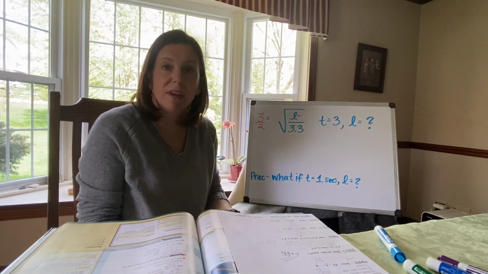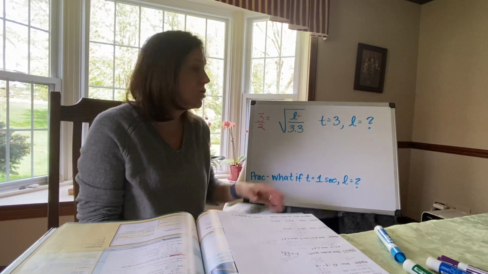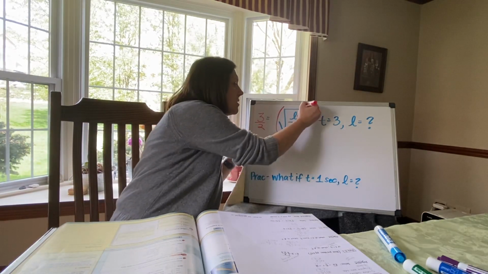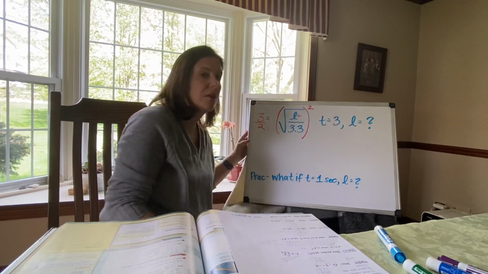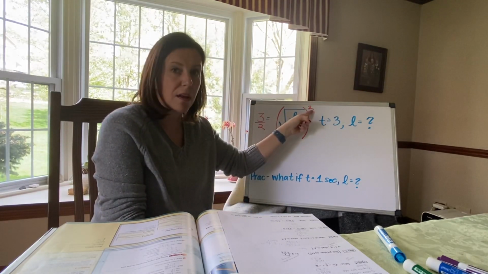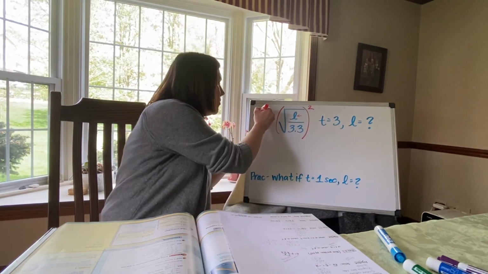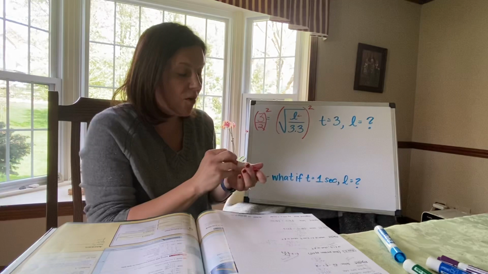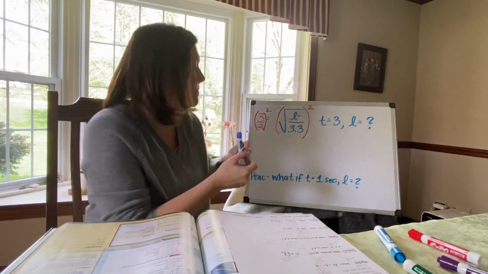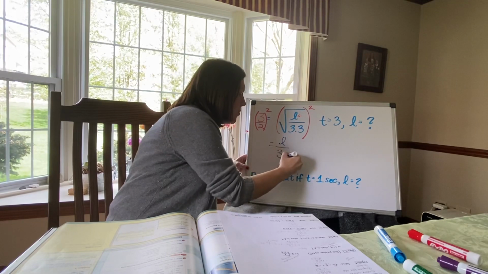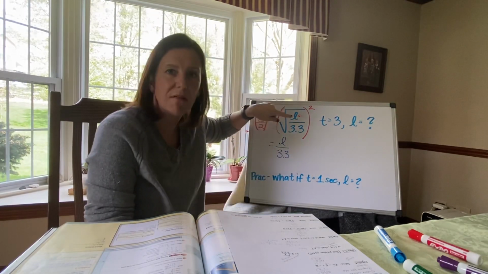Step 2 of solving a radical equation is to square both sides because I want to get rid of this radical. So the opposite operation for a square root is to square it. Now remember, I can do anything I want as long as I do it to both sides. So let's see where I stand. I now have L divided by 3.3 because that's what was underneath my radical.